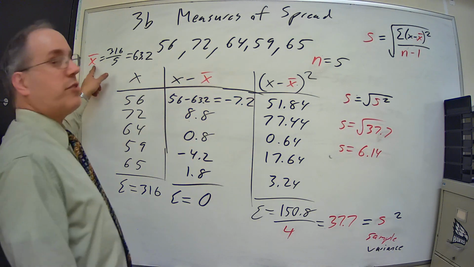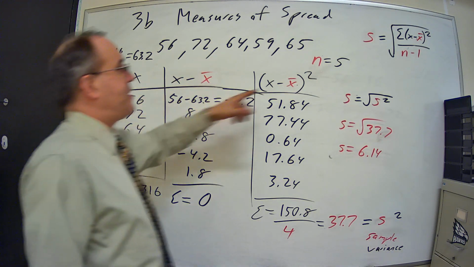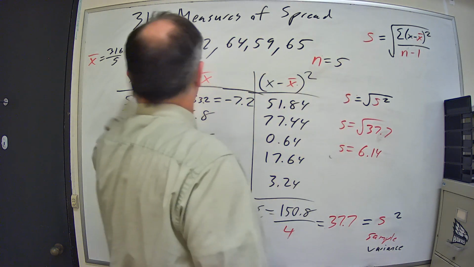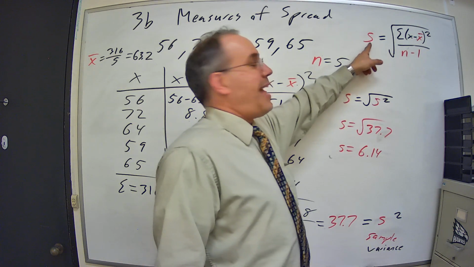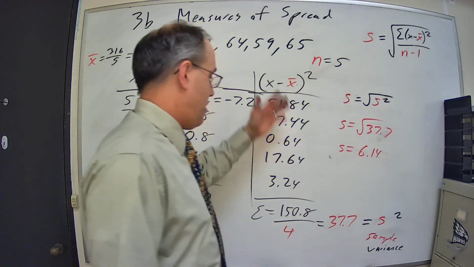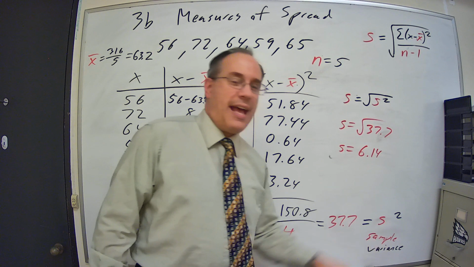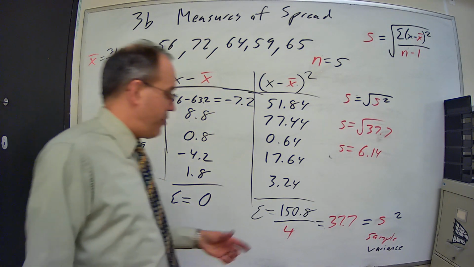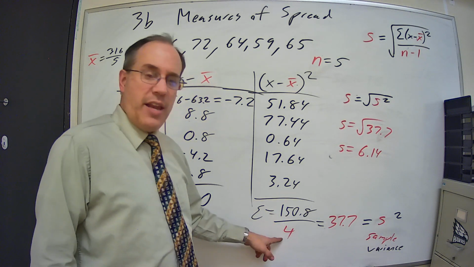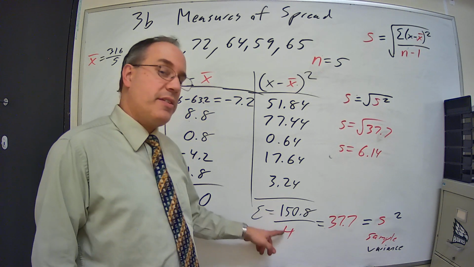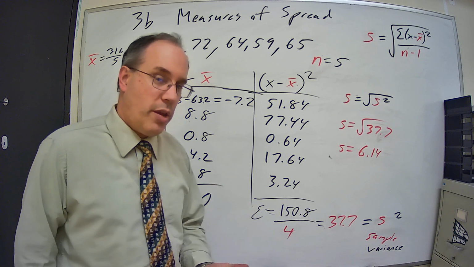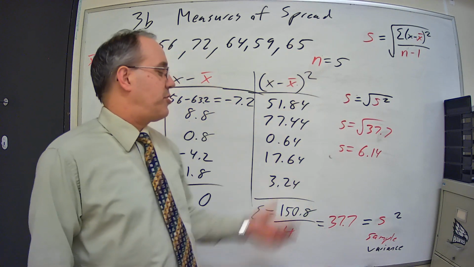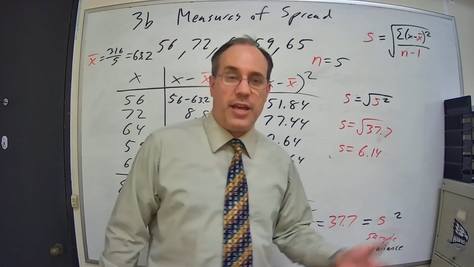We change variable names: mu becomes x bar, capital N becomes lowercase n, sigma becomes s, sigma squared becomes s squared. But in the actual calculations, the only real difference is that instead of dividing by the population size, we divide by the sample size minus 1. So just that little modification takes us to a sample variance and a sample standard deviation.